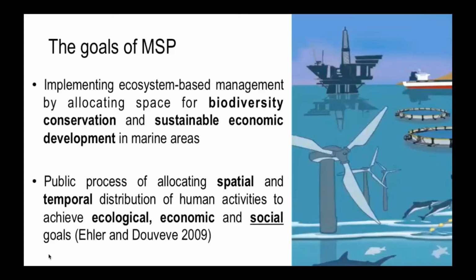In the second one, we see the definition as a public process of allocating spatial and temporal distribution of human activities, and in this case, we have the third pillar that was missing to achieve ecological, economic, and social goals. This is just a very brief introduction, just so we see that from the beginning, not everybody had it clear that we needed to have the three pillars, not only the economic one, but also the ecological and the social one.